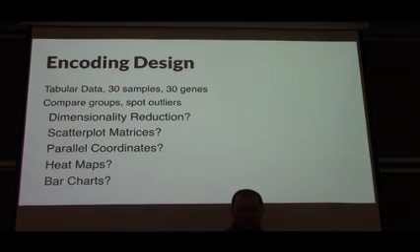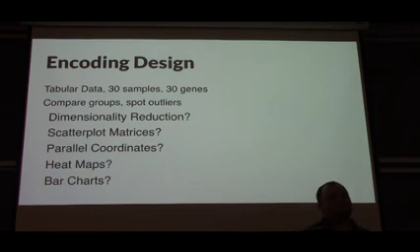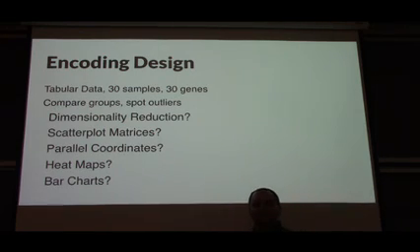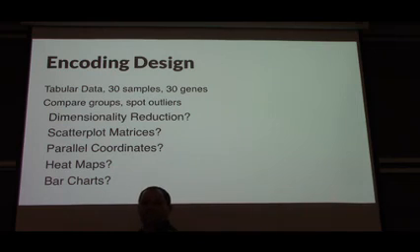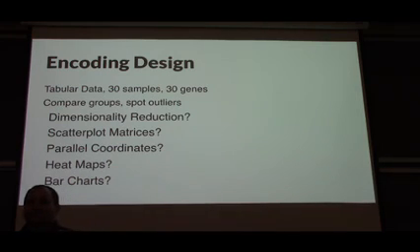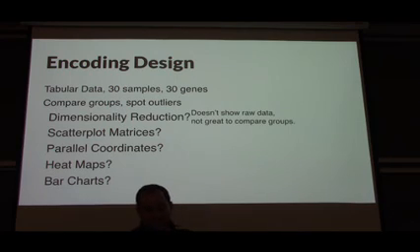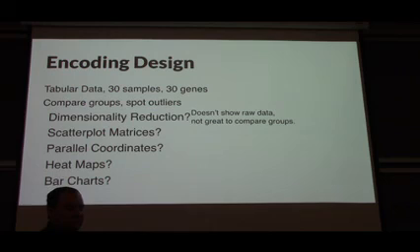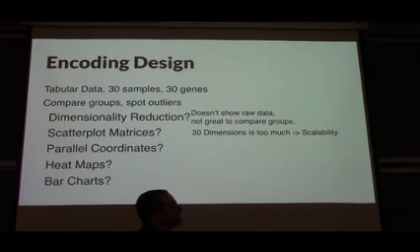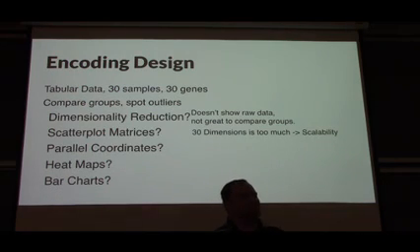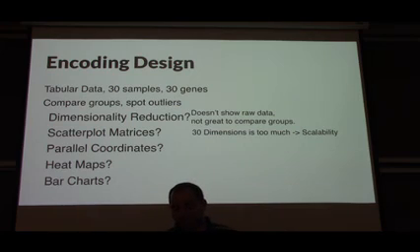So dimensionality reduction is one option. Scatterplot matrices. Would scatterplot matrices work here? We have about 30 dimensions. That's a little much for scatterplot matrices, right? So dimensionality reduction doesn't show us raw data, and it's not great to compare groups. The scatterplot matrices, we have about 30 dimensions, which is a bit of a problem for scalability.